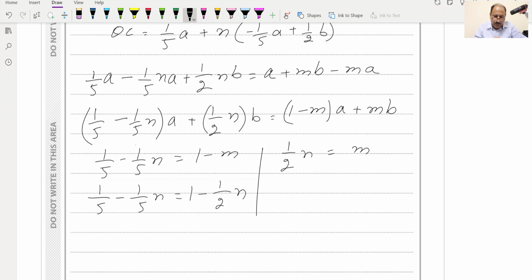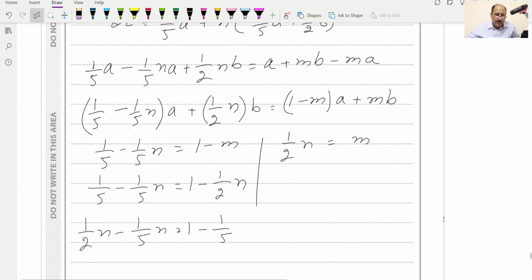So we can shift 1 by 2n to the other side, so it will be 1 by 2n minus 1 by 5n is equal to 1 minus 1 by 5, and this will be what?